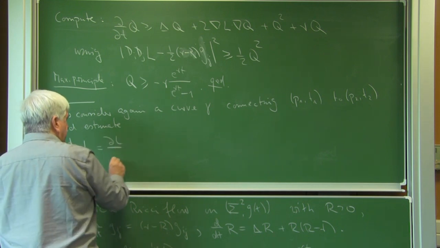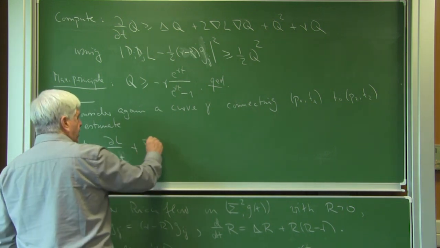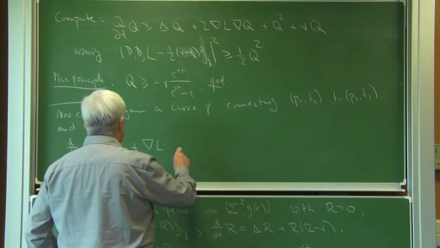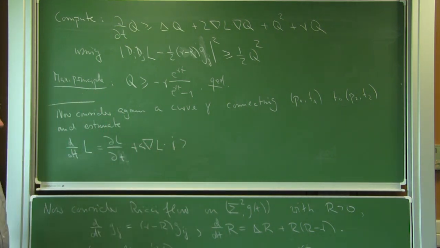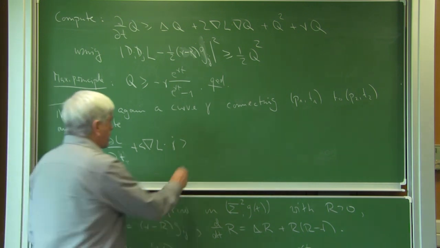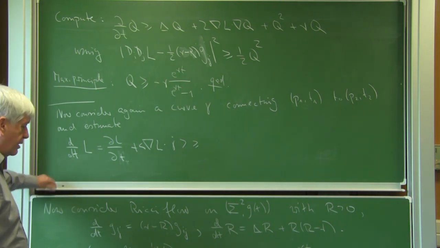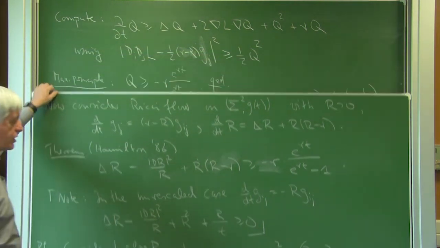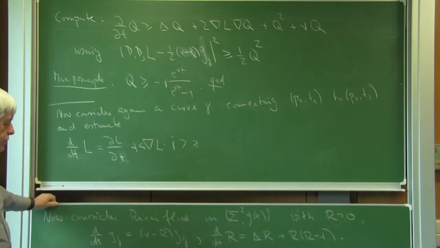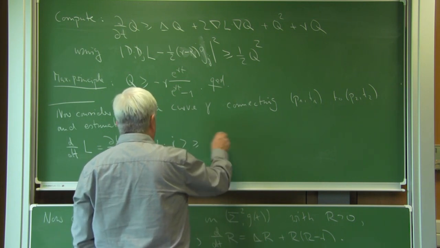which is again d/dt of L plus the gradient of L times the tangential vector to the curve, now in space-time, and now in dL/dt we had Laplacian L plus r minus r was Q, so we estimate Q from below and keep the gradient L squared.